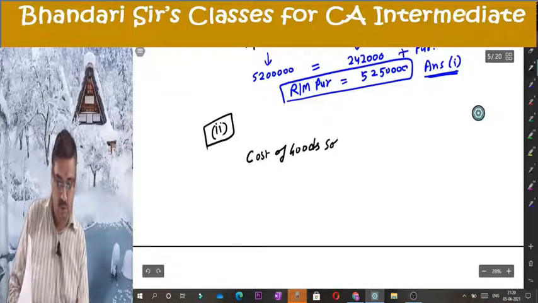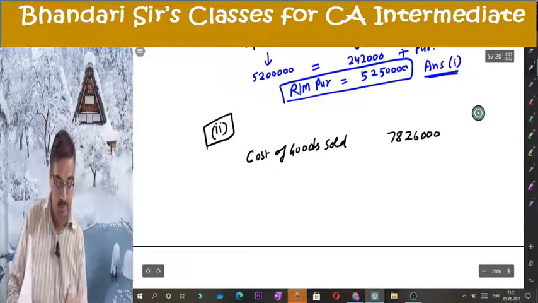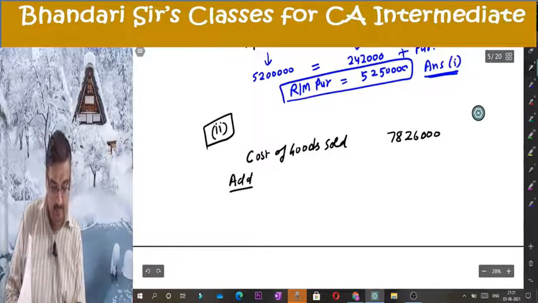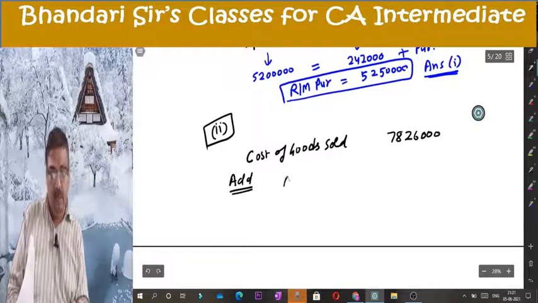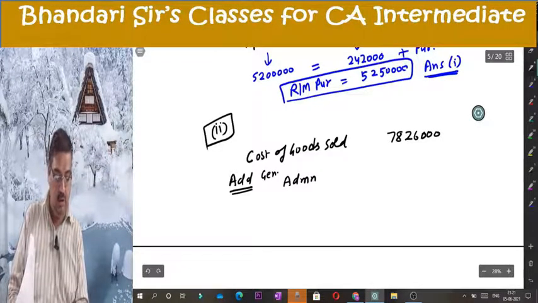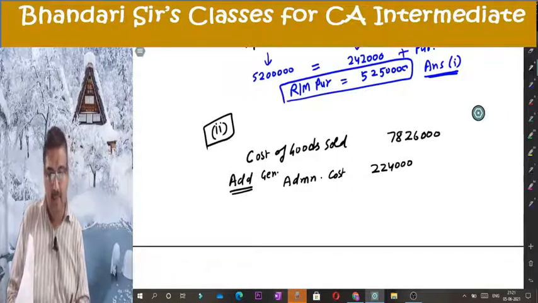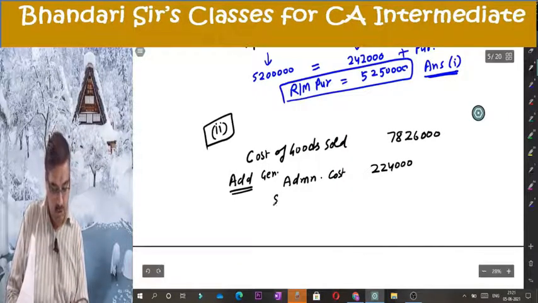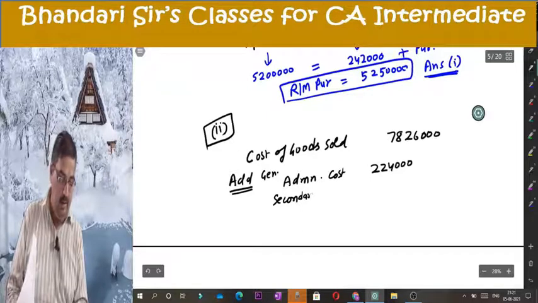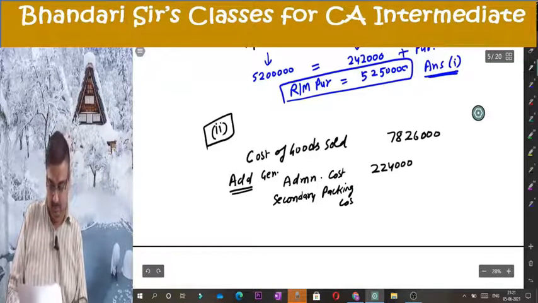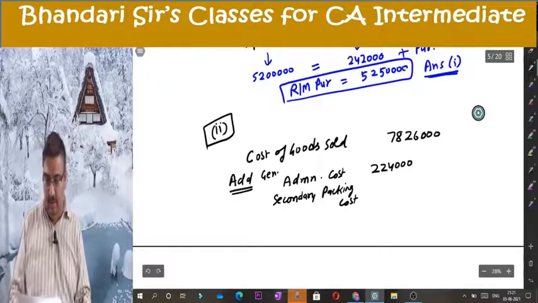Cost of goods sold 78,26,000. Add what? Administration, general administration I can call it, 2,24,000. Add secondary packing cost.